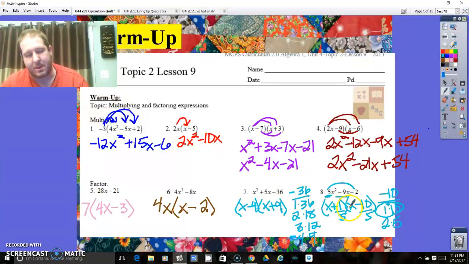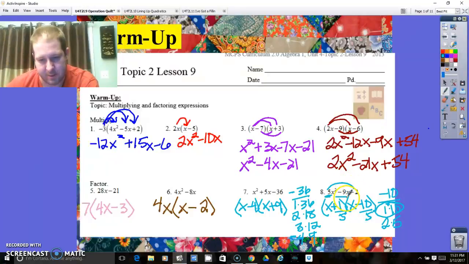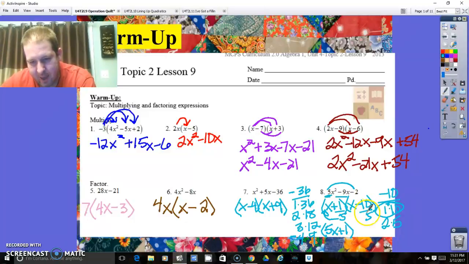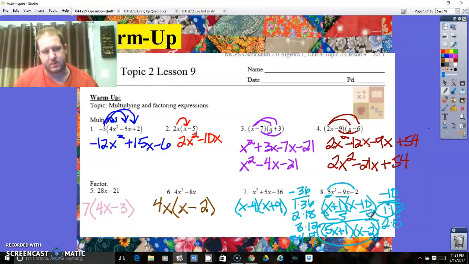If it can't be divided, 1 divided by 5 doesn't work, so you simply put the 5 up here as the coefficient of x. So this becomes 5x plus 1. 10 can be divided by 5, and that would be 2, so this becomes x minus 2. And voila, what you have is your factors.